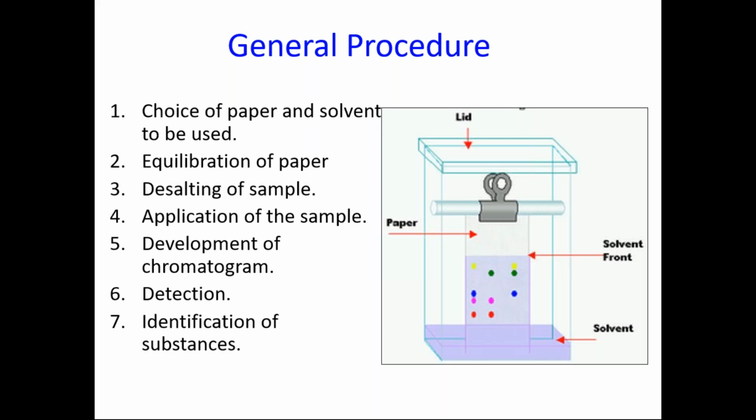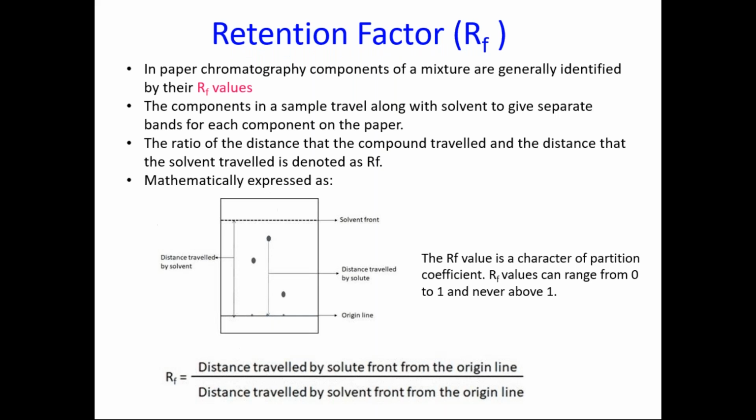And I'm sure all of you or most of you must have done paper chromatography at some time in your student career. So, in chromatography, what is important is a number, especially in paper chromatography and thin layer chromatography.